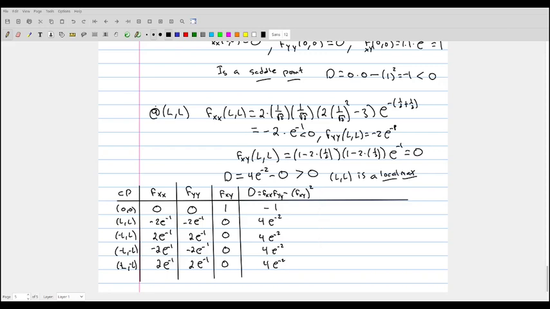So to apply the second derivative test en masse, or to every one of these critical points, what you have to do is look at the sign of this column right here and the sign of the values in the discriminant column.